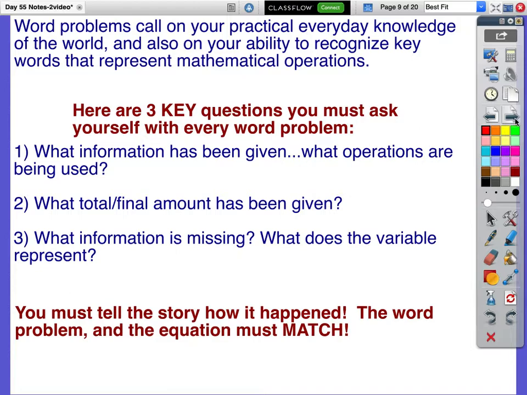You have to remember those math keywords that we talked about last unit, and in that way, we're going to build on that and be able to create our own 1- and 2-step equations. The word problems call on your practical everyday knowledge of the world and also your ability to recognize those math keywords that represent math operations.